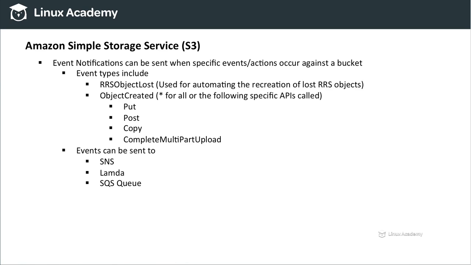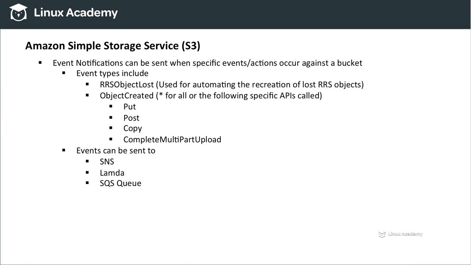So the notifications that are available are the RRS object lost and object created. The object created applies whenever we are using an API. That could be the console or the API through the AWS command line interface or an SDK. So whenever we're uploading, we can use either put or post for upload, copying an object, or whenever a multi-part upload is completed.